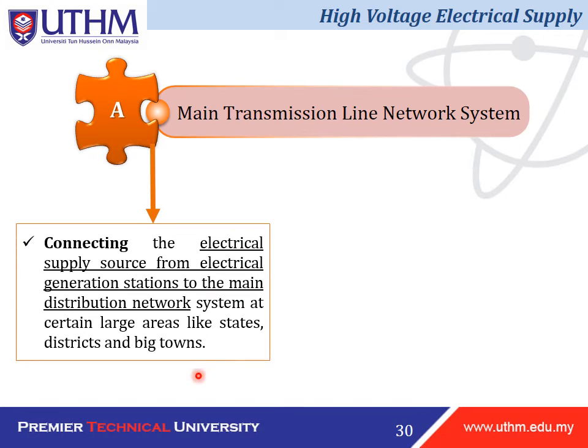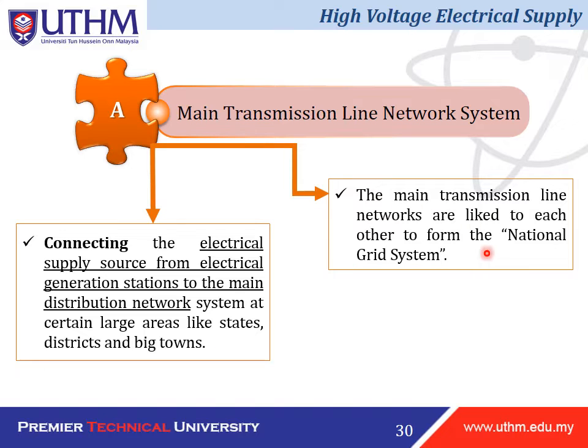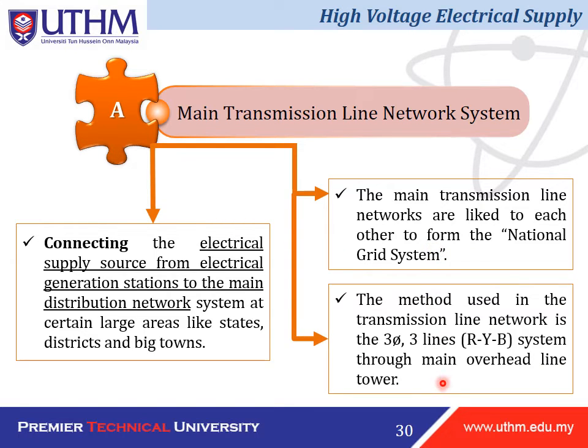Okay, the main transmission line network system is connecting the electrical supply source from electrical generation station to the main distribution network system at certain large areas like states, districts, and also big towns. And then the main transmission line networks are linked to each other to form the national grid system.